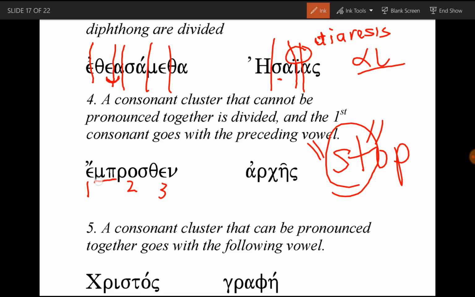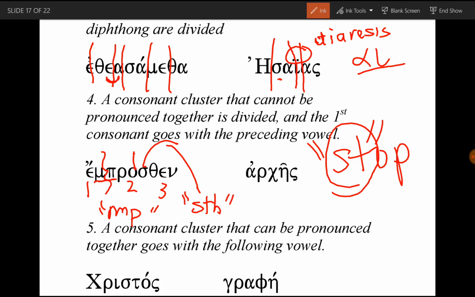The mu, the M-sounding letter, and the pi, the P-sounding letter. If you just think about English, is there any word that begins with an M sound and a P sound together? The answer is no. So this is not a true cluster. It needs to be divided. So this is M, and then the sigma and theta, an S-TH sound.